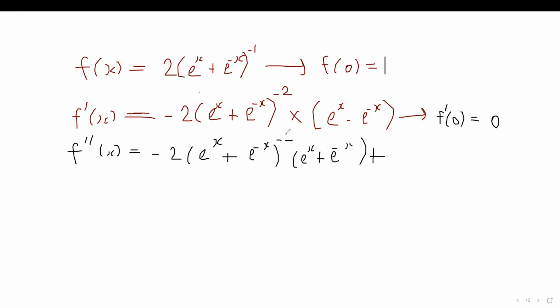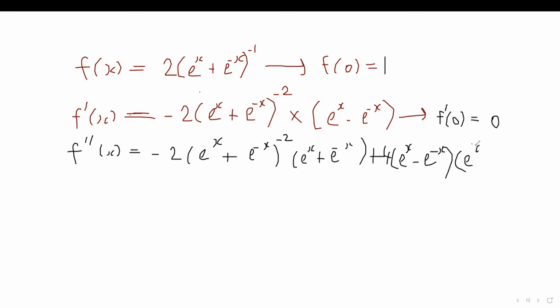So keep the first one, differentiate the second, plus now keep the second one, e to the x minus e to the minus x, multiplied by the derivative of the first, which is going to be plus 4. So we can just put the 4 here. Then we write back everything inside of the bracket.